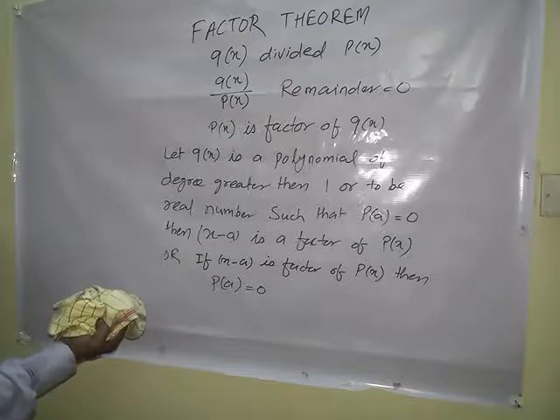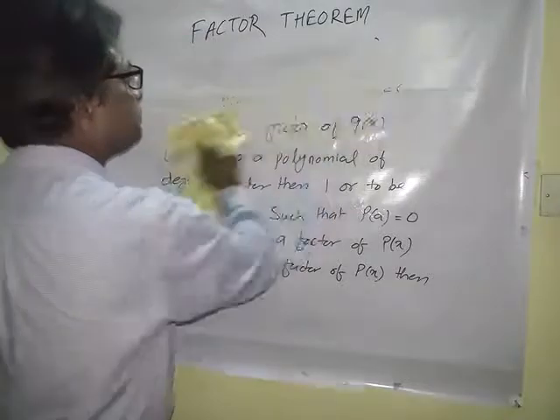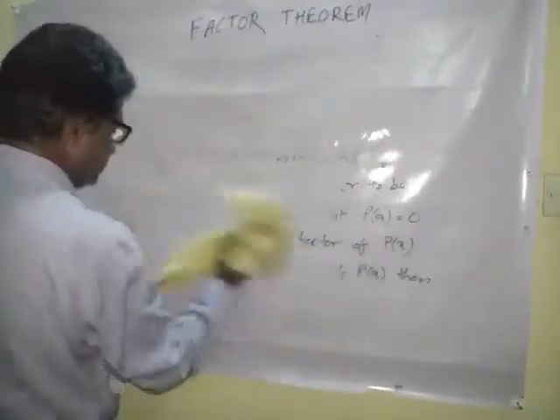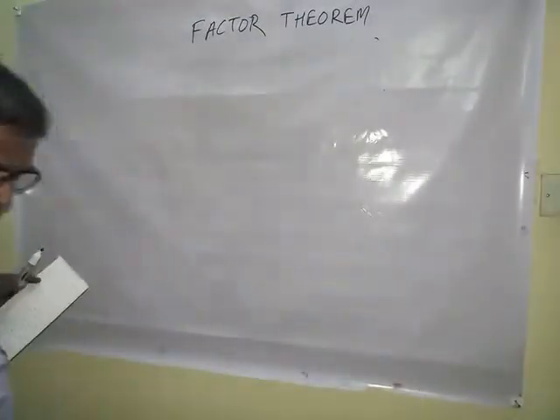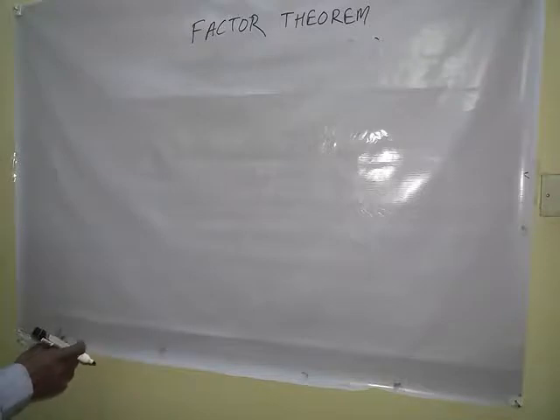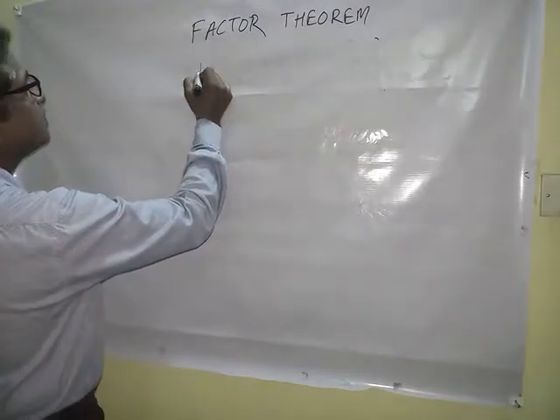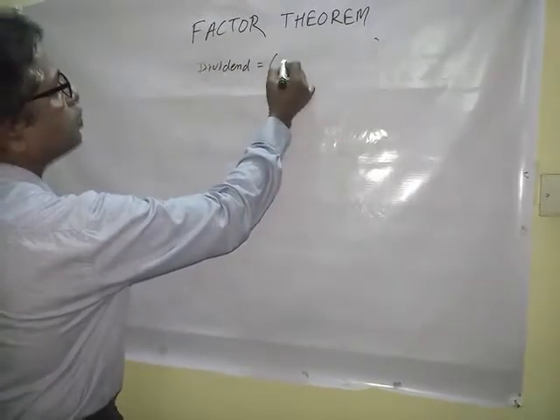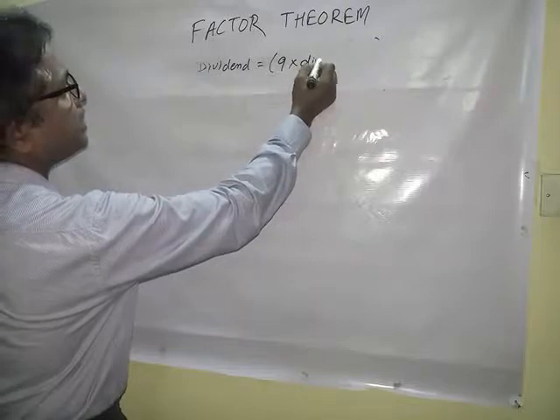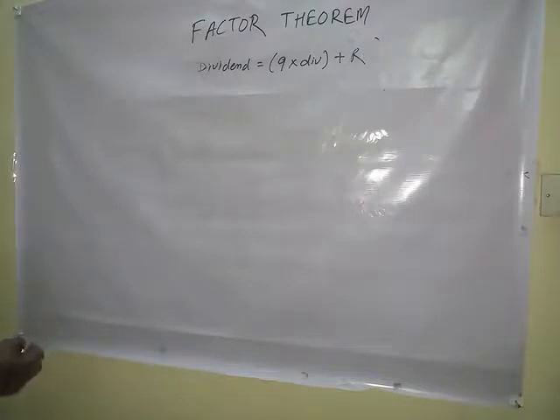Now let us see how to prove that. If this comes to you to prove, we have seen that dividend is equal to quotient multiplied by divisor plus remainder, which we studied in an earlier class.